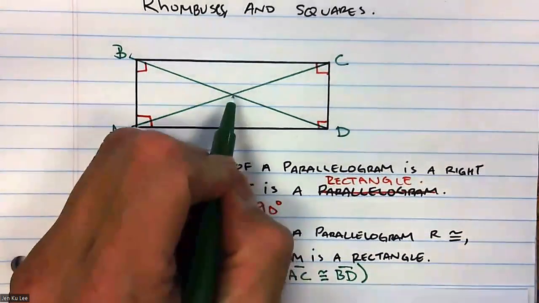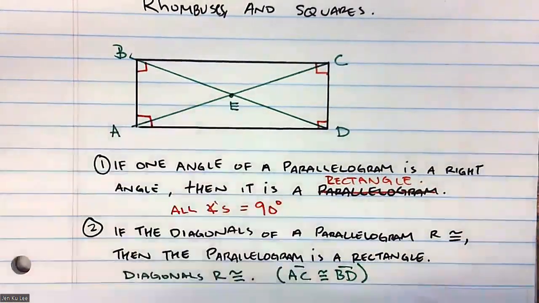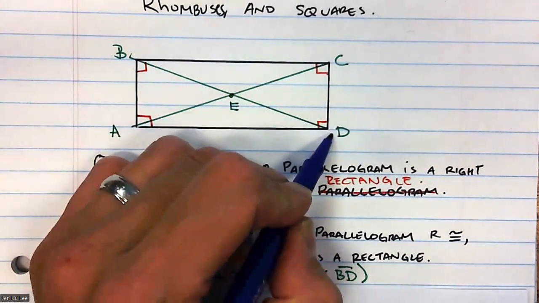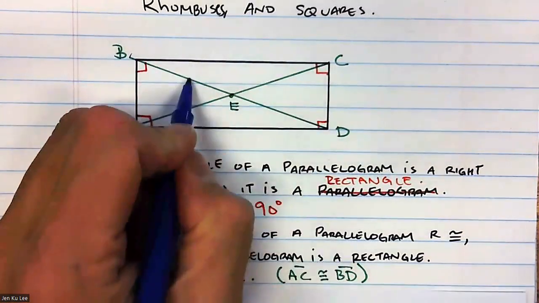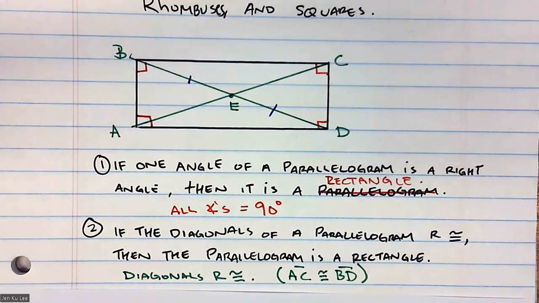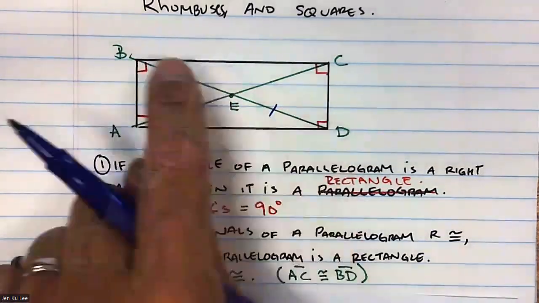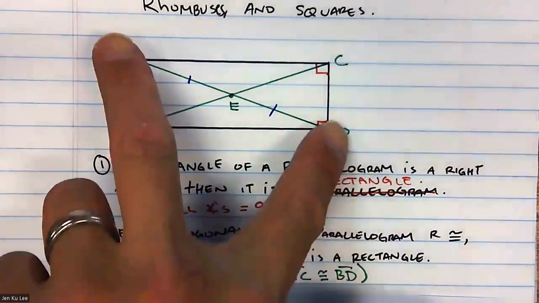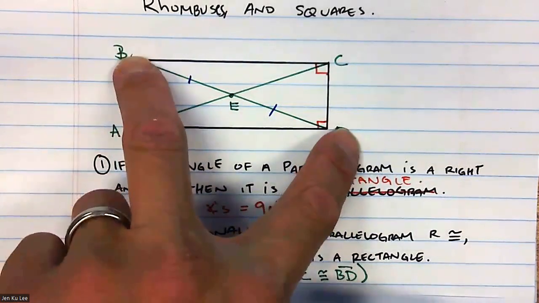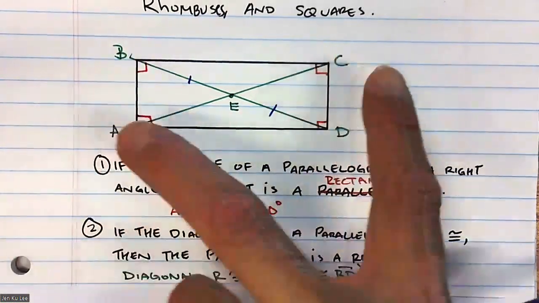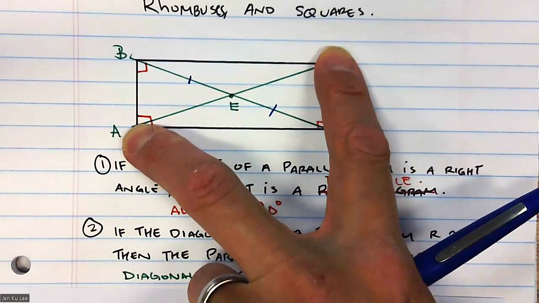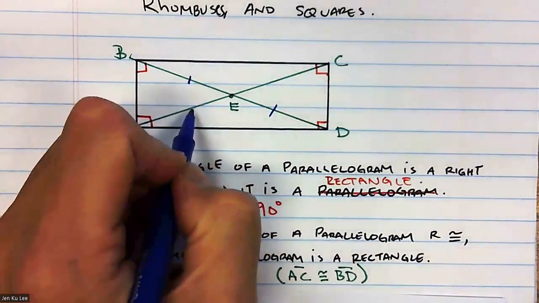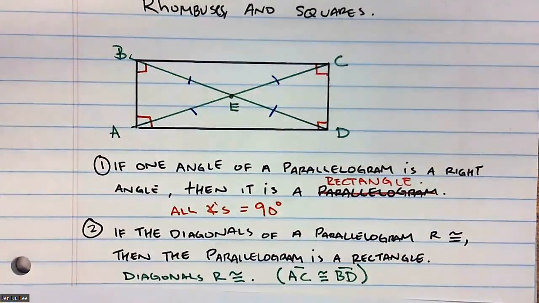They still bisect each other. So we can take this a step further and say BE is equal to ED, right? If they're congruent to each other, because E bisects BD from the parallelogram. But if BD is equal to AC and E cuts both of them in half, all these little pieces are going to be equal to each other.